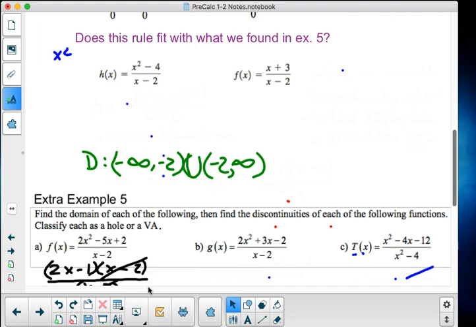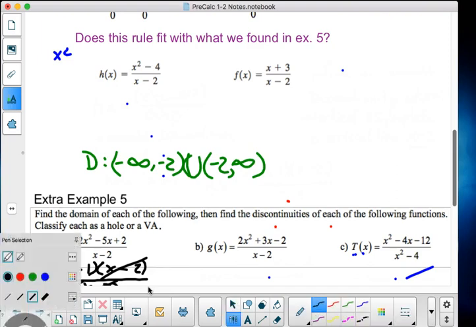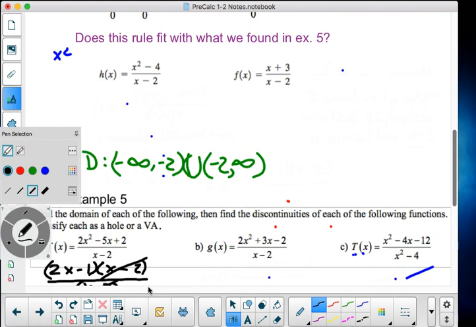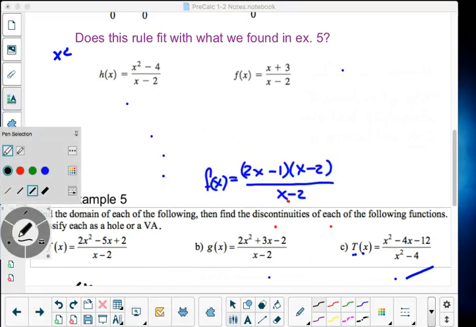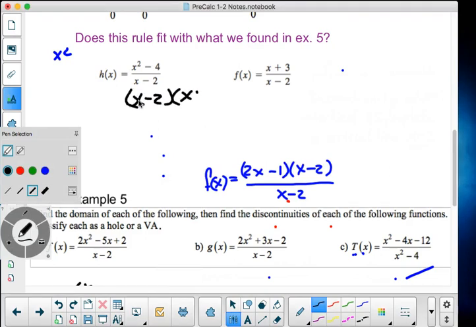Okay, so this is one we just did. I'm looking at this, and I've got my x minus 2, x plus 2, and this is x minus 2. Again, this is an example of what we just did. That's my hole, and that's h of x.